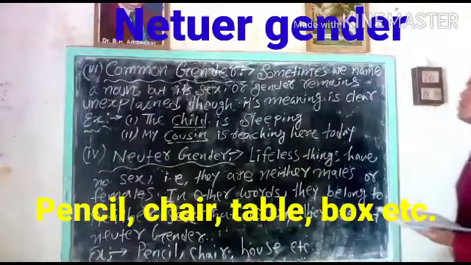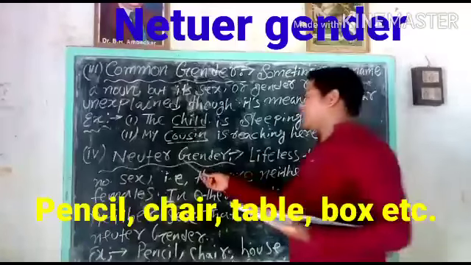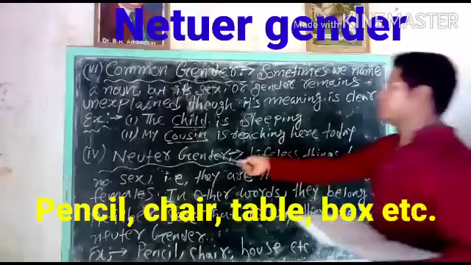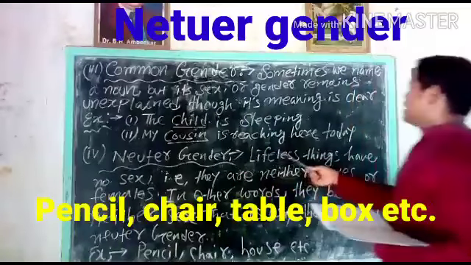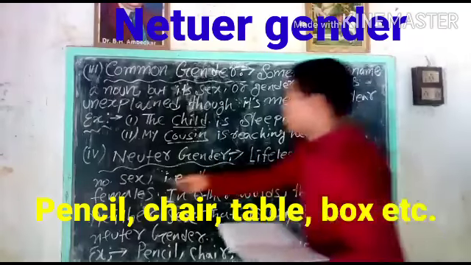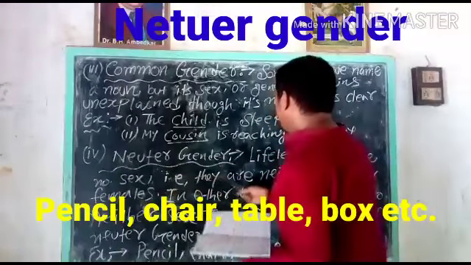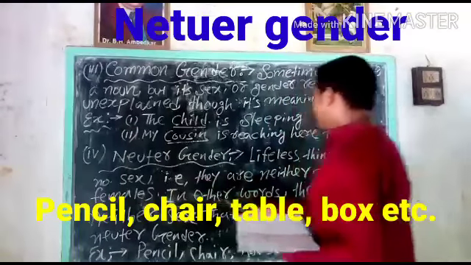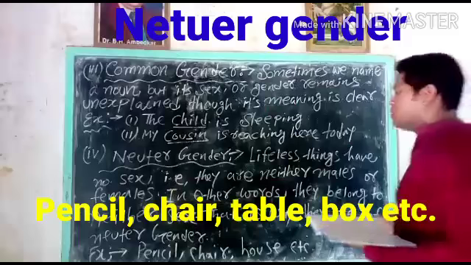So once again, what do we mean by neuter gender? The definition of neuter gender is like this: lifeless things have no sex. That is, they are neither male nor female.